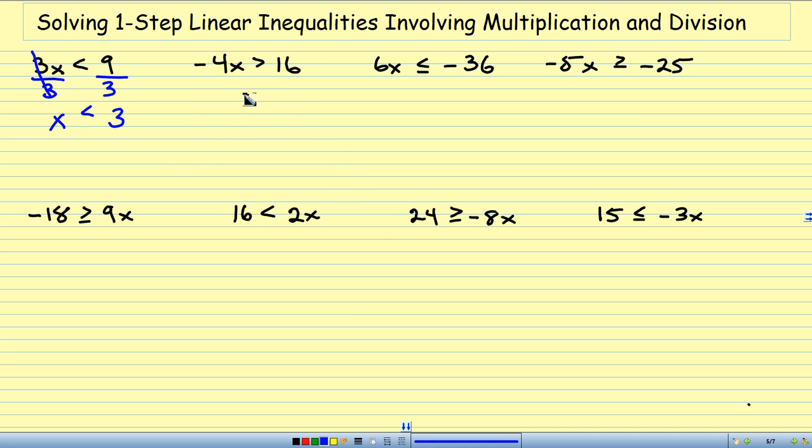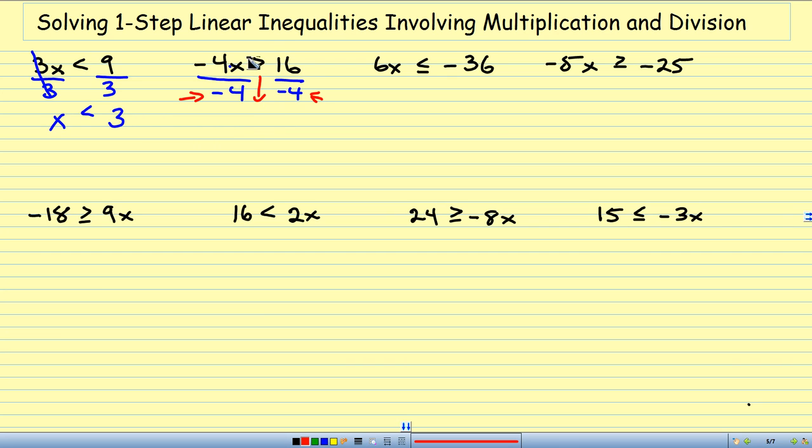That's fine because I divided both sides by a positive value. Now, when I look over here, I have negative 4x is greater than 16. This is multiplication. The inverse operation of multiplication is division. So I'm going to divide both sides by negative 4. This is where you have to pay attention. When I am dividing or multiplying both sides by a negative number, the direction of the inequality flips.